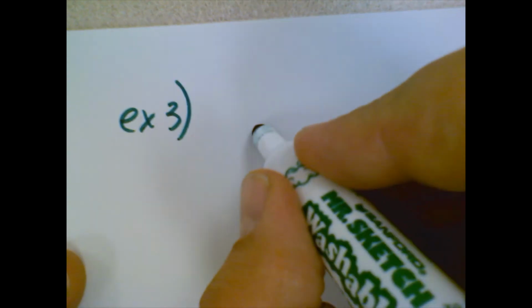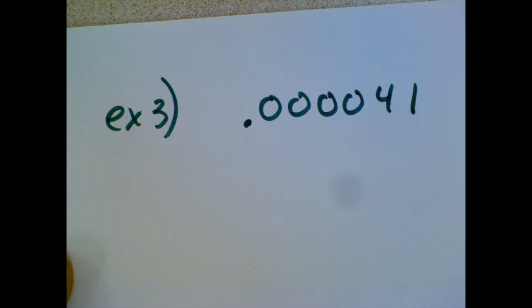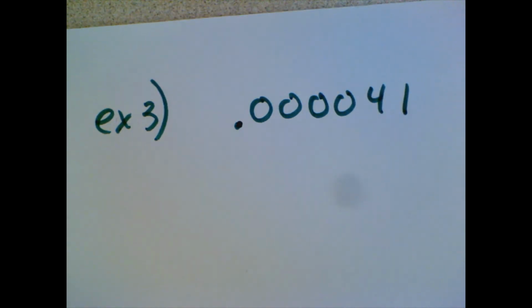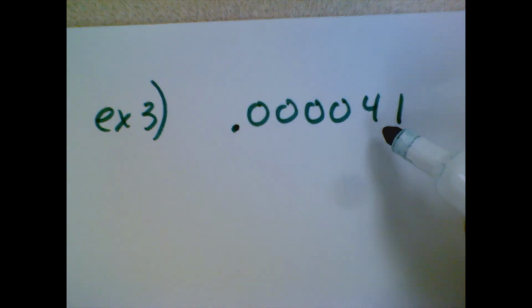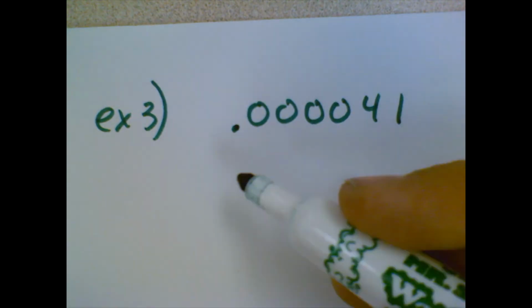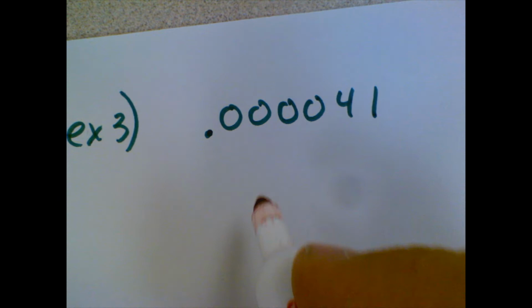Let's look at something like 0.00041. Okay, that's a smaller number. Now we're going to do the same thing, except notice we're going to move to the right this time instead of to the left. So if we move to the right, okay, something changes. So let's do this one.